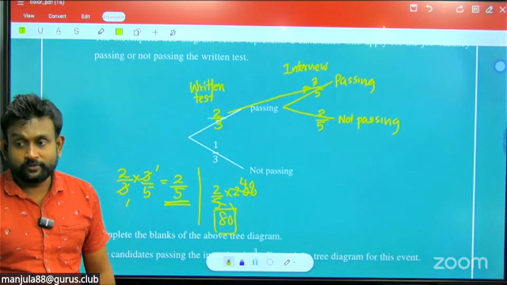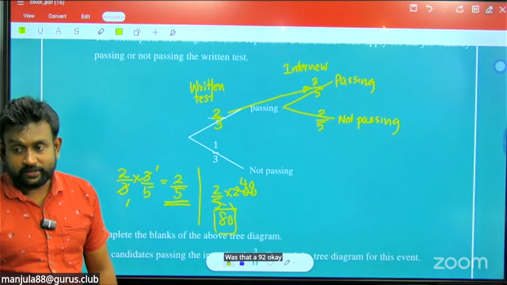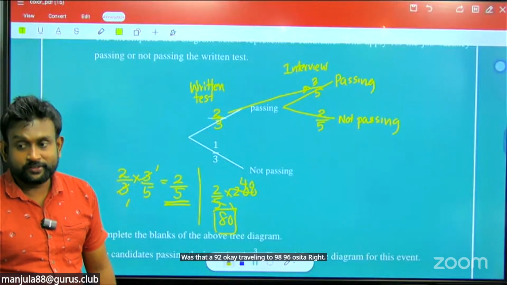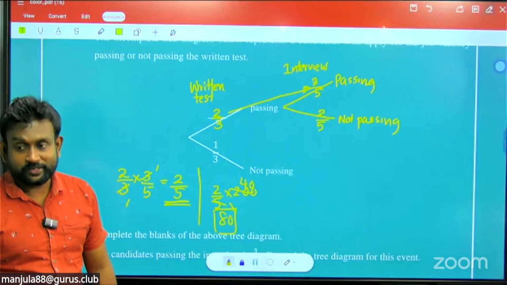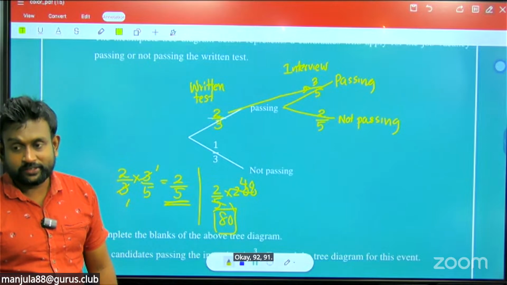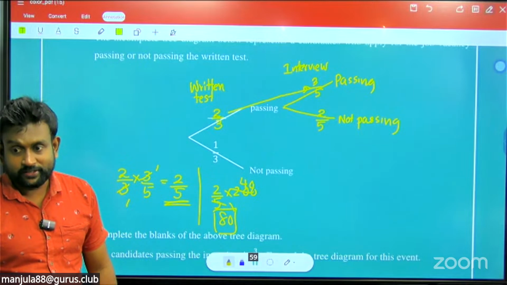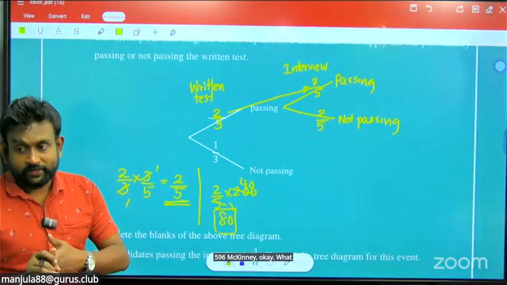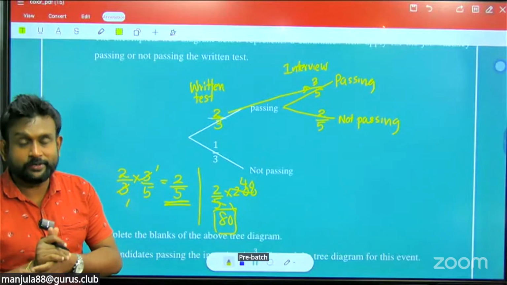Usara 92, okay. Ravindo 98, Osita 96, right. Okay, 92, 91, okay, 90, right, Nikini 96, okay. Right, what about this paper? Vibash 94, okay, well done.